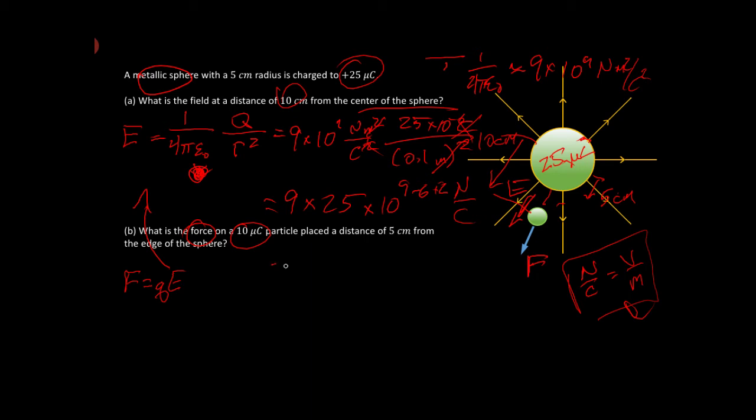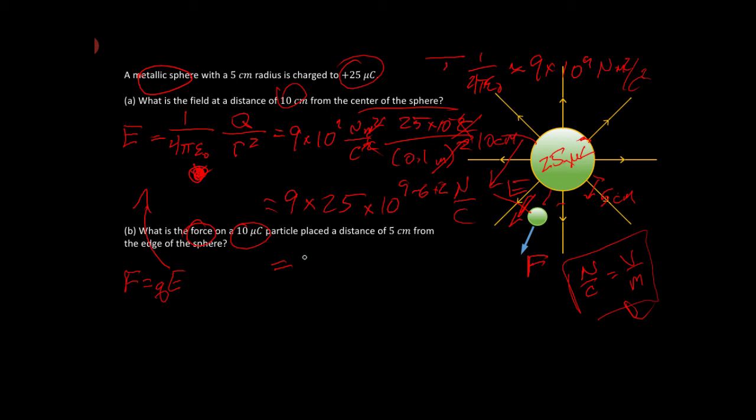Okay, so where are we? We've got 9 times 25. So let's see, 25 times 2 is 50. 50 times 2 is 100. 100 times 2 is 200. So that's 2 times 2 times 2, that's 8.